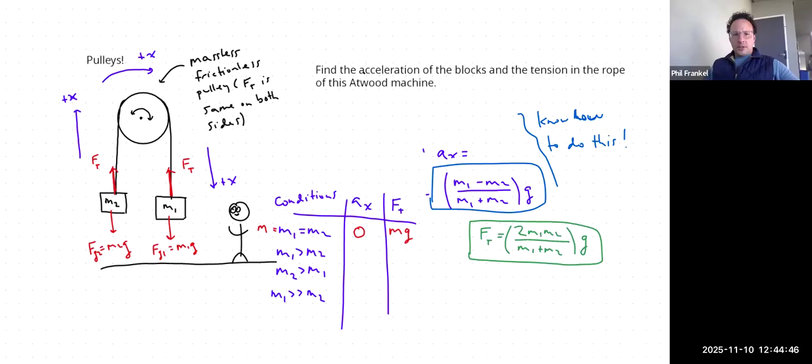All right, let's think about that for a second. If the masses are equal, there's no acceleration. This has to be the case. There's total symmetry if the masses are equal. One mass is not going to rush down while the other rushes up and picks up speed because the masses weigh the same. So if the masses are equal, I can imagine three things. I can imagine everything just sits there at rest and there's no acceleration.